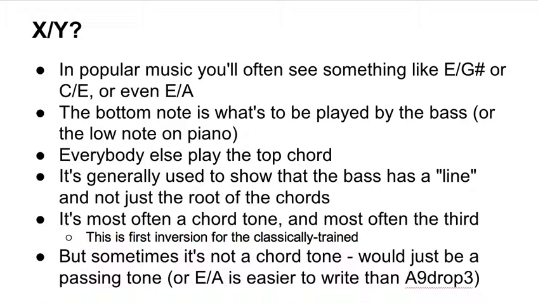I think the one piece I was looking at had F over E. That bottom note is what's to be played in the bass, either by the bass player or the lowest note on the piano, or if you're playing guitar all by yourself, if you can try to get that note on the bottom string, then it will help. It's closer to what the composer had intended.